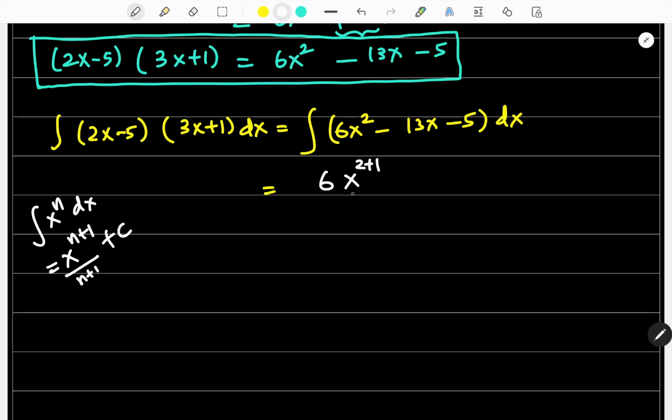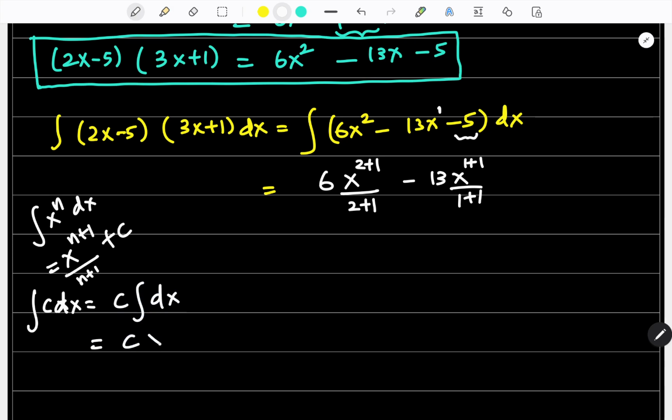6x to the power of 2 plus 1 divided by 2 plus 1 minus 13x to the power of 1 plus 1 divided by 1 plus 1. Why? Here is 1. And what is the integration of this number 5? I told you integration of the constant, right? C dx is, C will come out, integral dx, which is equal to Cx. C is a number.